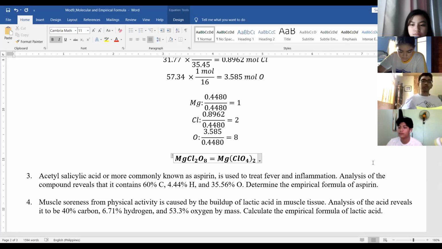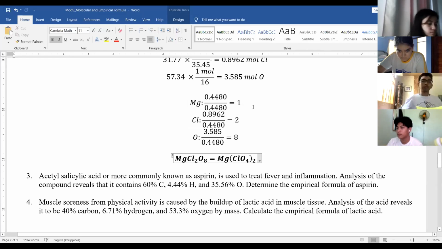Question? Yes, Miguel. The final answer is Mg(ClO4)2. Any. The first one is the best answer in this type of solution.